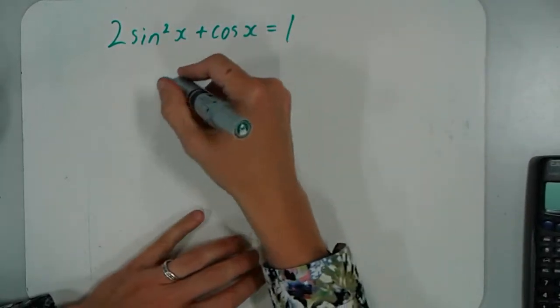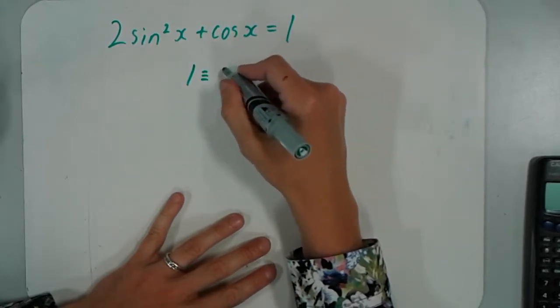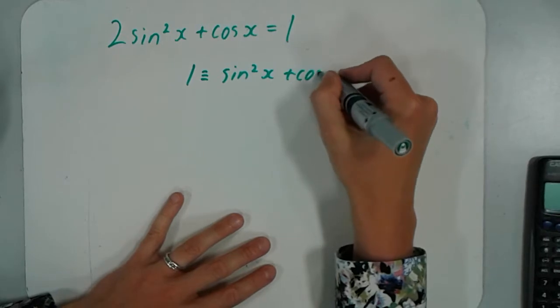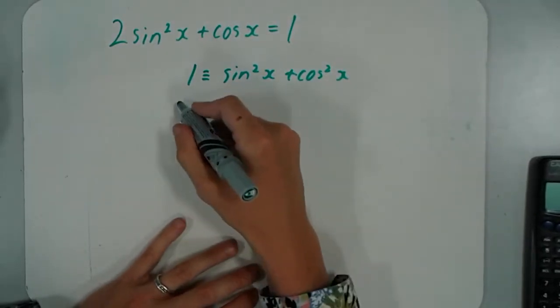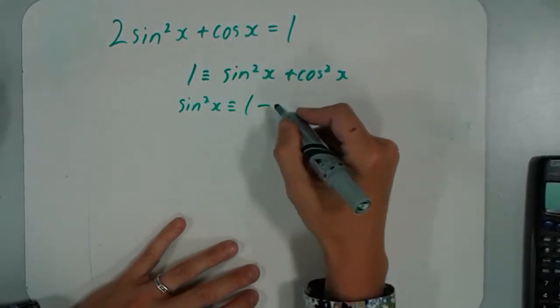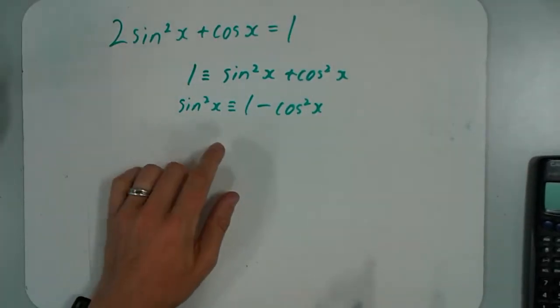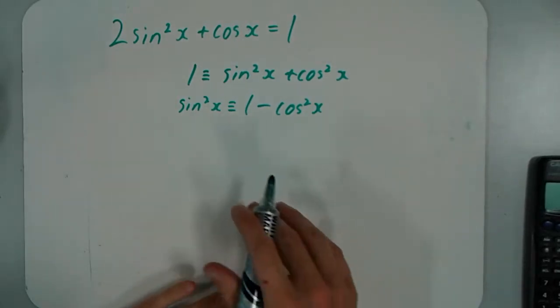The other identity that we can use is 1 is equivalent to sine squared x plus cos squared x. Making sine squared the subject of this, this tells us that we can replace our sine squared x with 1 minus cos squared x.